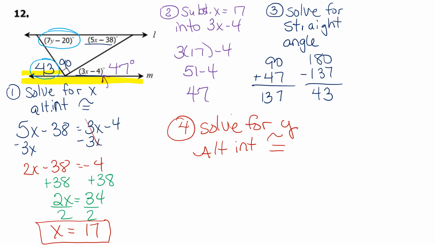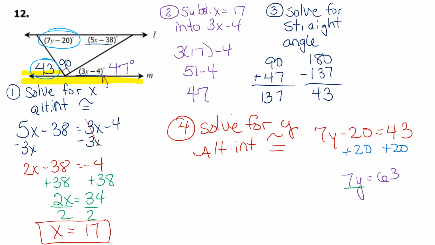So that would look like 7y minus 20 equals that 43 degrees measurement we came up with. We want to isolate our variables, so we're going to add 20 to both sides. So that would leave me with 7y equals 63. And then divide both sides by 7 to get the y by itself. So y would end up equaling 9. So now you have both your x and your y measurements that you need.